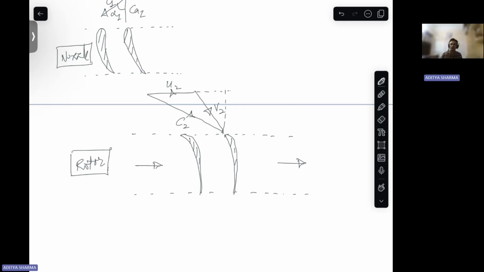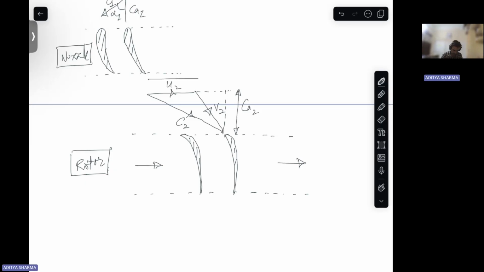So it will have two components. One will be in the axial direction and one will be in the tangential direction. So your blade also gives tangential velocity to your fluid. And so this is your axial velocity.